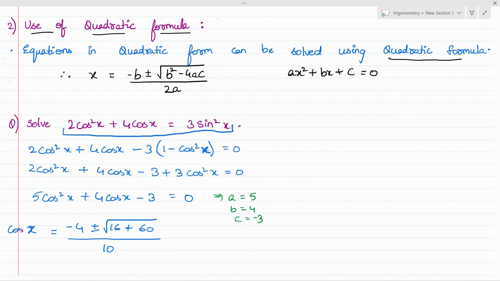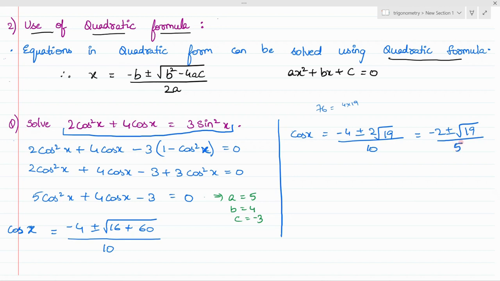Here it should actually be cos x, because the whole cos x is the variable over here if we convert into quadratic form. So it is written as cos x is equal to minus 4 plus or minus under root 76. 76 can be written as 4 into 19, right? So if you take 4 outside the root, it becomes 2 under root 19 upon 10. So take 2 common, it becomes minus 2 plus or minus under root 19 upon 5.